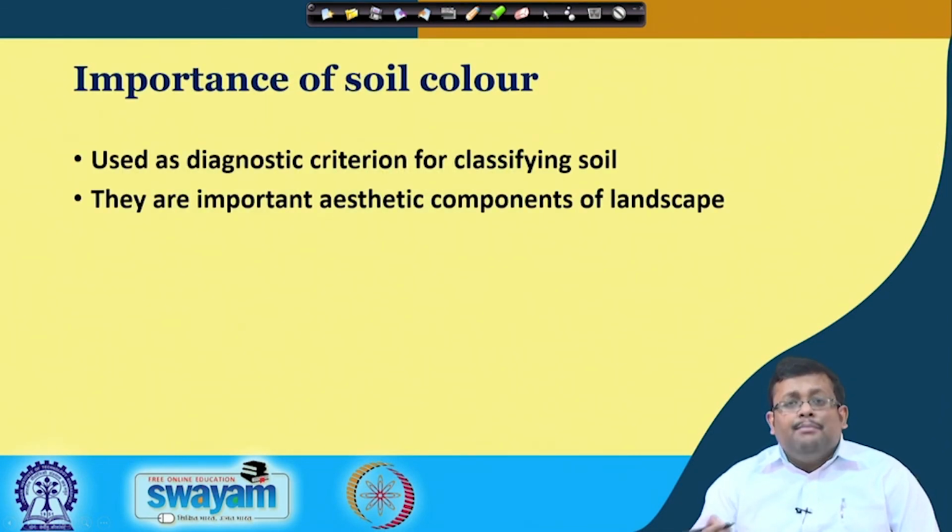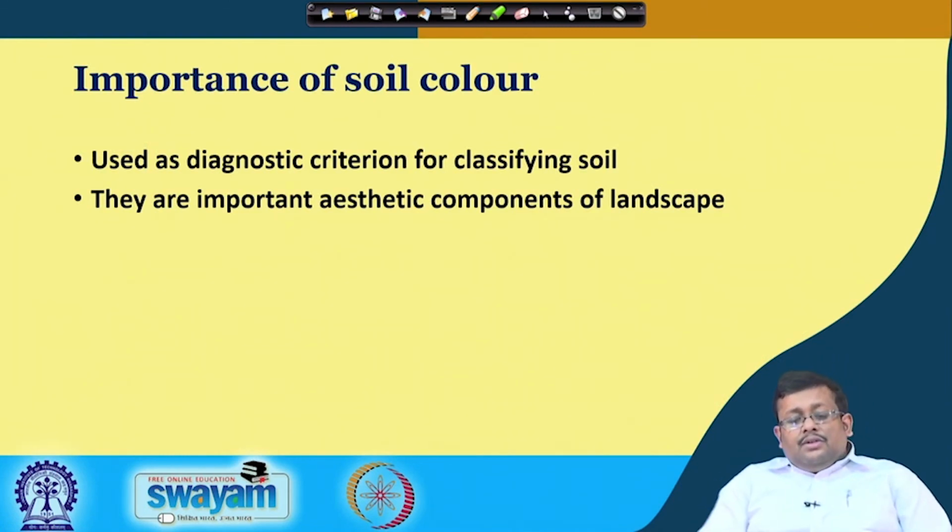And what is the importance of soil color? Obviously, soil color is used as a diagnostic criterion for classifying soil, and it is an important aesthetic component of the landscape, because soils which are dominated by iron and aluminum oxides show red color.